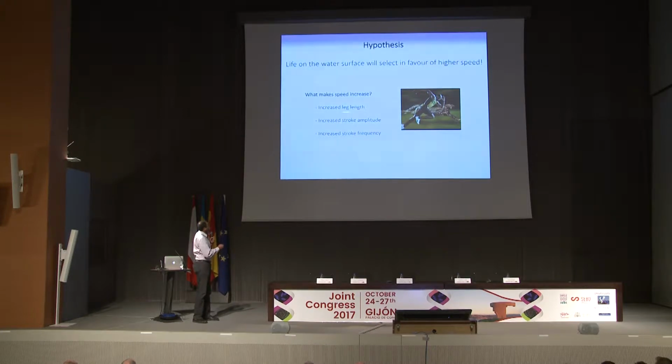You can be fast by increasing the size of the legs. You can be fast by increasing the amplitude of movement of the legs, or you can be fast by increasing the frequency of movement of the legs. So these are the main parameters that will determine speed, and these parameters are known to be in trade-off. For example, an animal that has longer legs will not be able to move them in a fast movement.